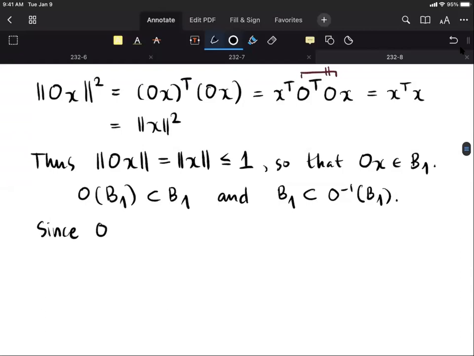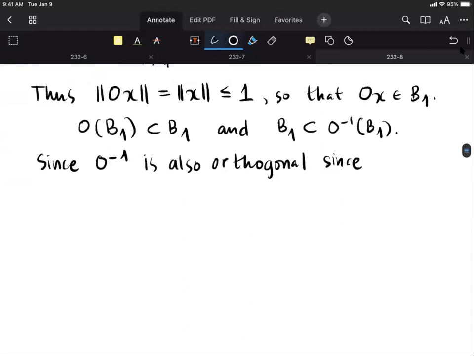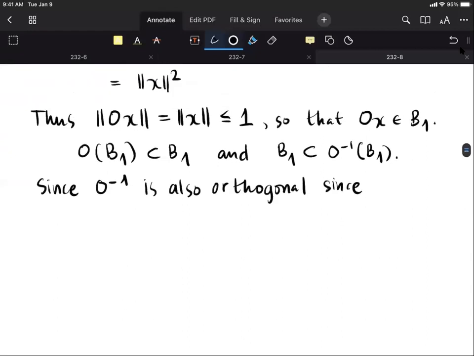Now, observe that the inverse of an orthogonal matrix is also orthogonal. Well, to see this, you can check that, okay, if I take the transpose of the inverse, this is the same as the inverse of the transpose.